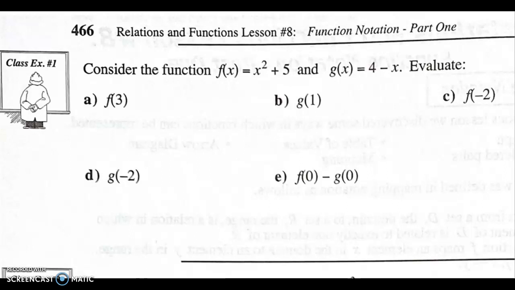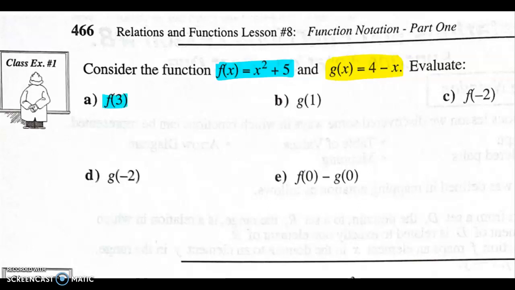We have two functions we're given. The first function is named f, and we have f of x is equal to 2x plus 5. The second function has a name called g, and it is g of x is equal to 4 minus x. So now let's look at the question.